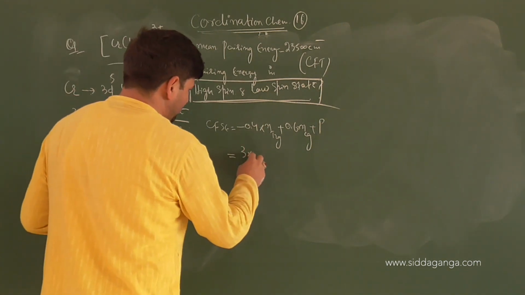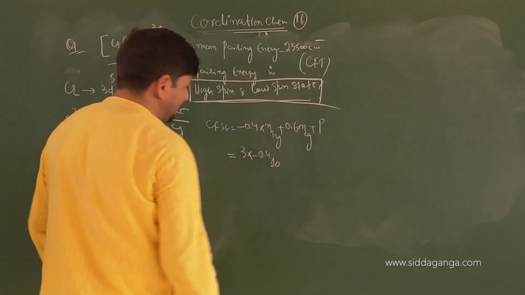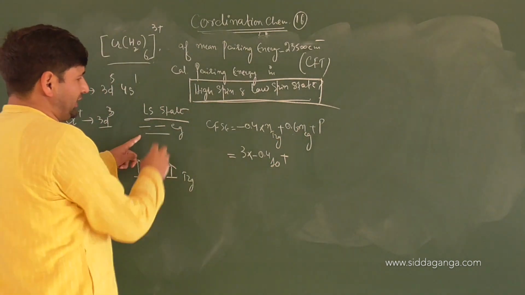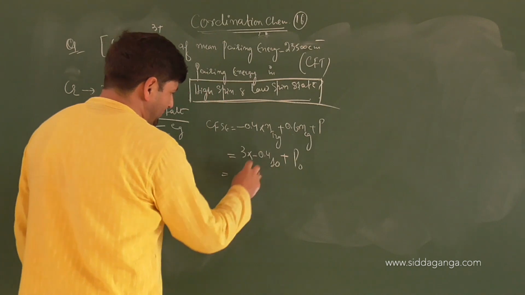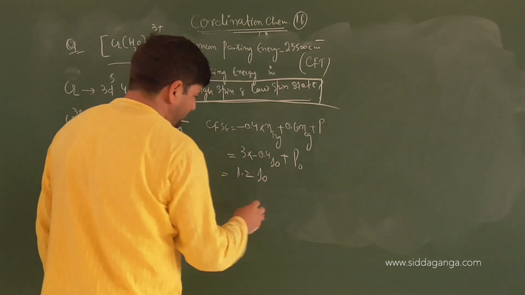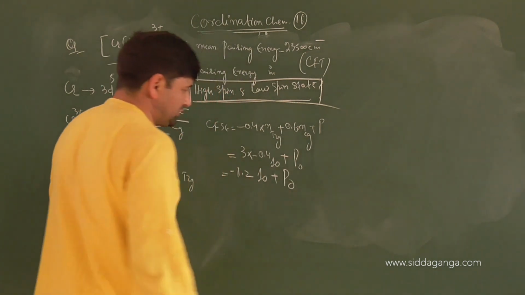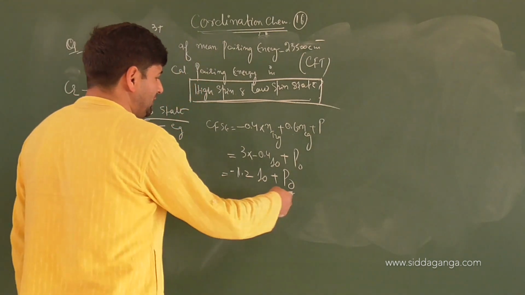So 3 into minus 0.4 of delta 0 plus 0.6 into Eg, there is no electron in Eg, plus pairing energy in octahedral field. So that makes it minus 1.2 of delta 0 plus pairing energy in which field? Octahedral field. Now we have to calculate the mean pairing energy.